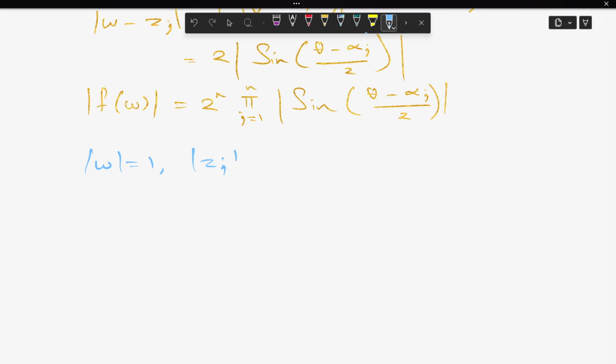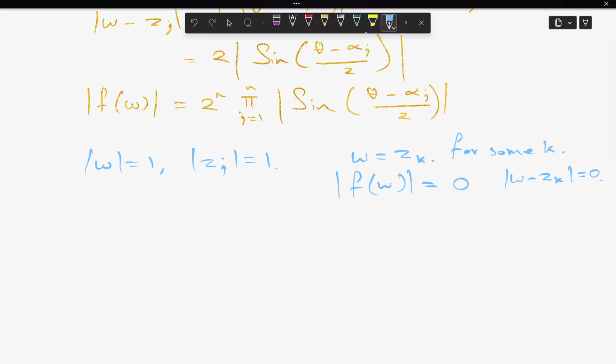Now the minimum value 0 will happen when omega equals zk for some k. Then modulus of f omega equals 0, because modulus of omega minus zk equals 0, thus 0 is achieved.